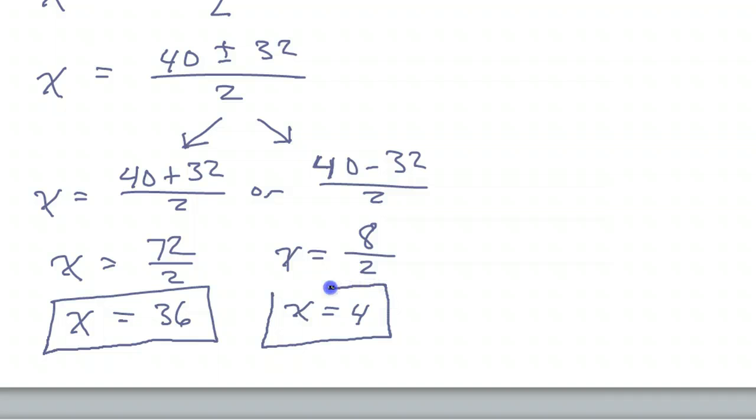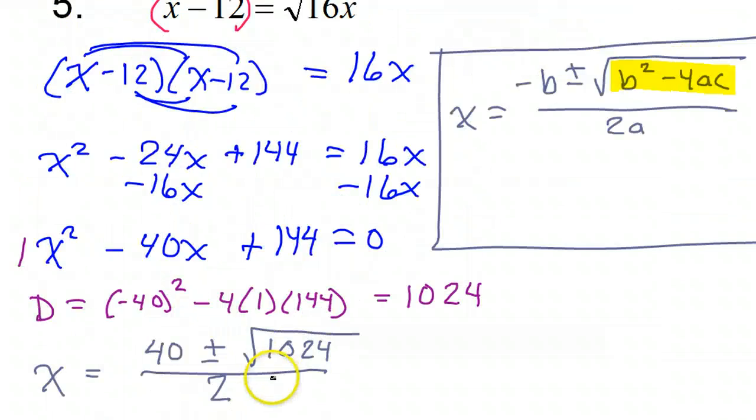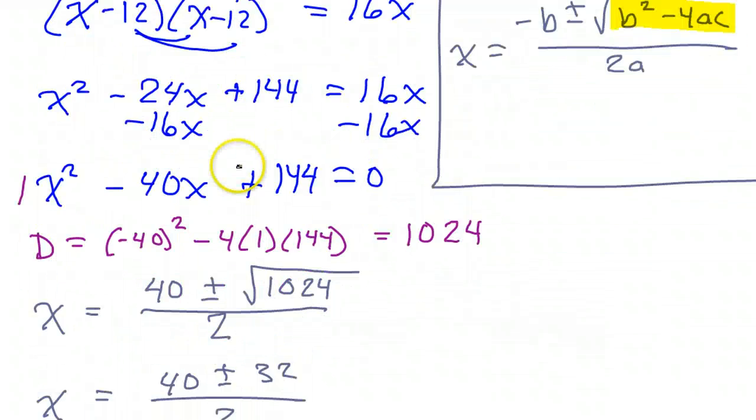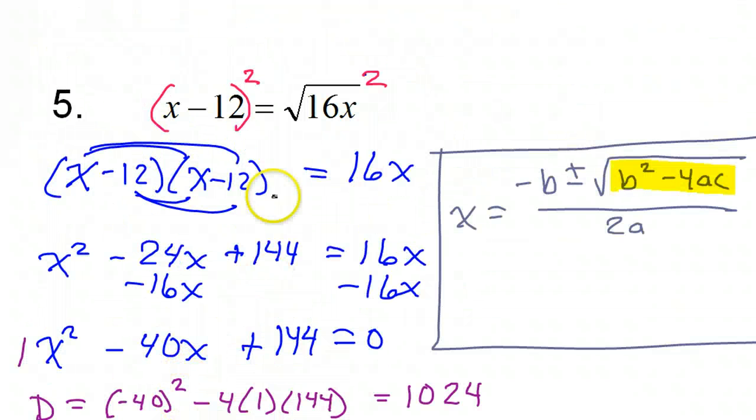Alright, so these are our two potential solutions, but maybe one or both of them are extraneous. So let's look back and make sure that they actually work. Okay, so let's see. Looking at the 36, for example. Okay, if I do the 36, this is looking like it's going to be fine.